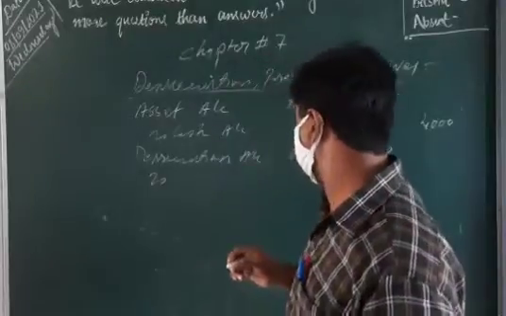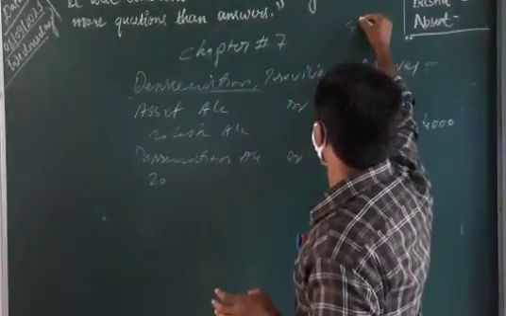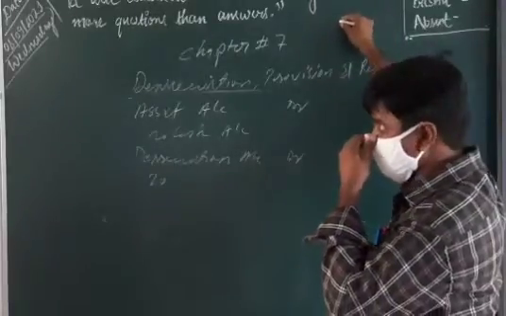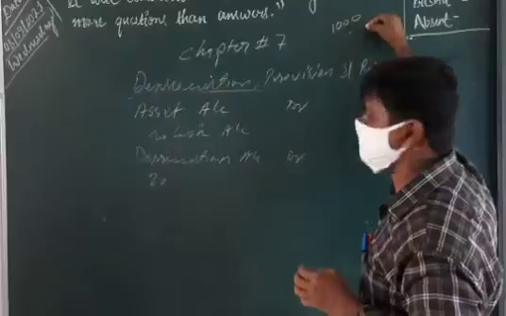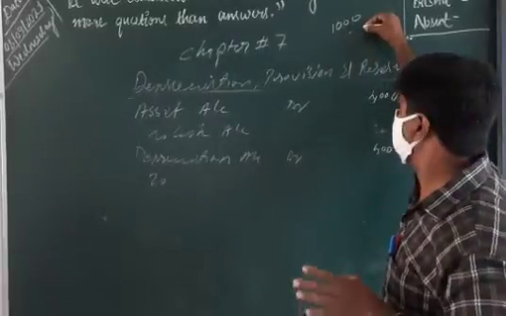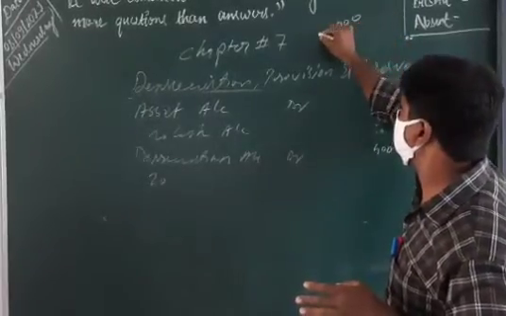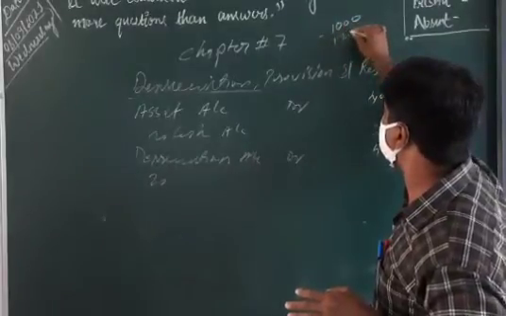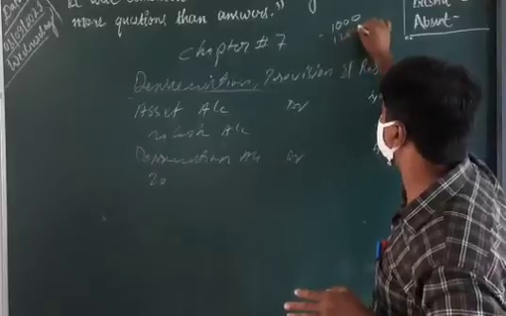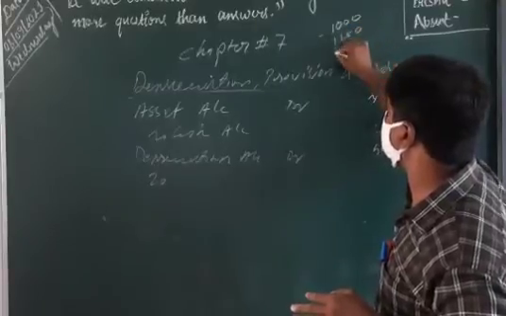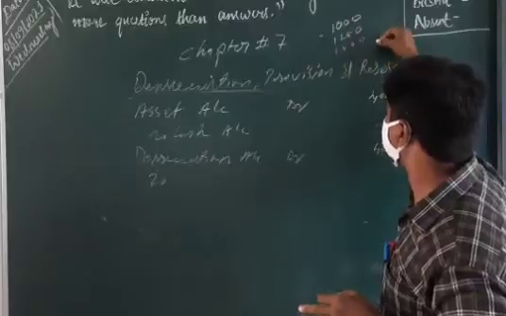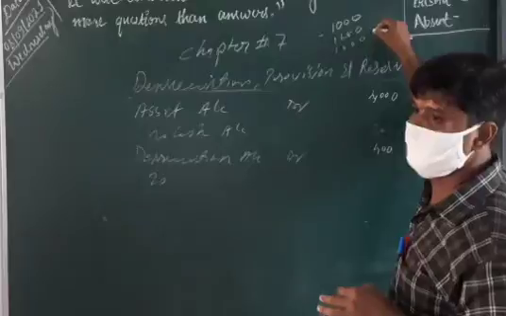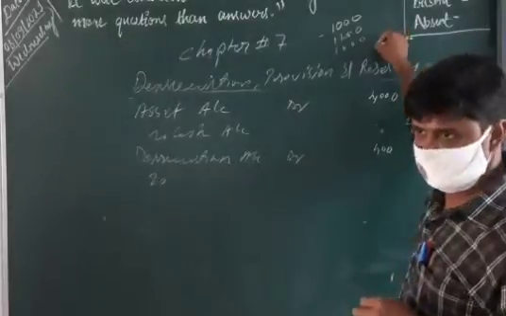For example, the amount for one month may be, just imagine, 1,000 rupees. The second month it may be 1,100, and the third month it may be 1,000 itself. Then we take the total and divide by 3.